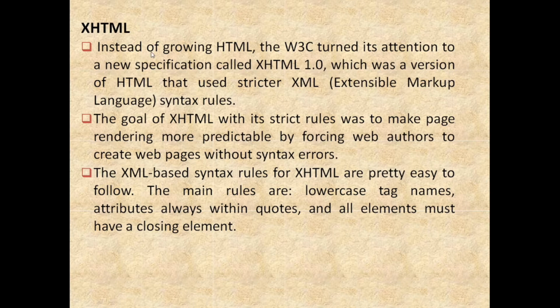It was somewhat the same as HTML and XML, but it made use of strict syntax rules. If you are not following the proper syntax rules, your web page will not run properly and will show errors. So XHTML 1.0 was a stricter version than HTML and XML.